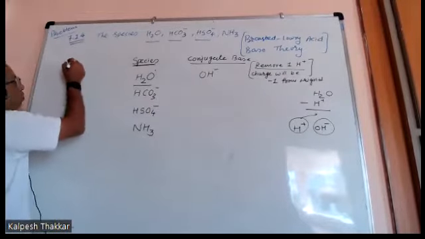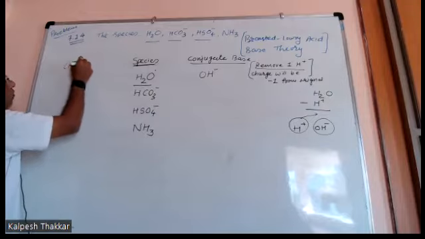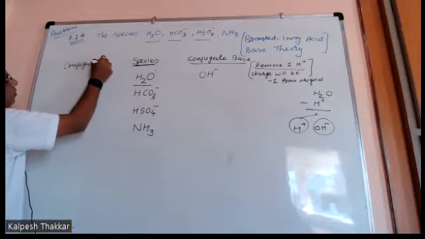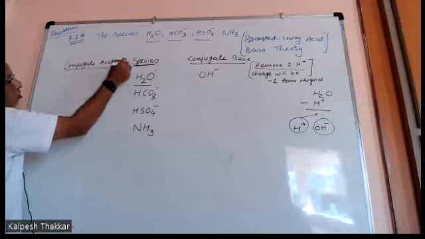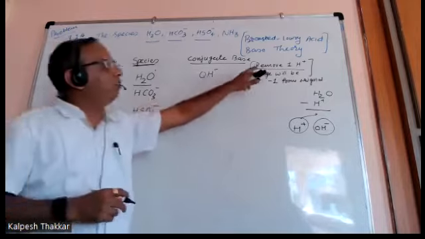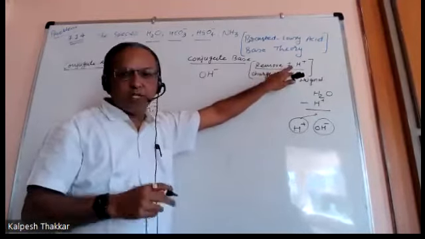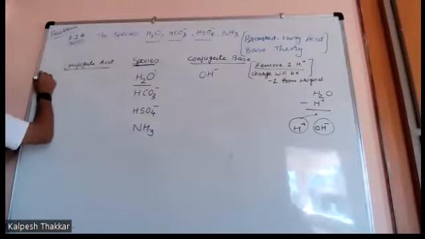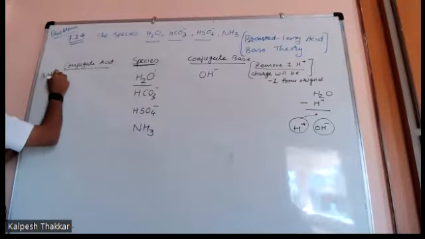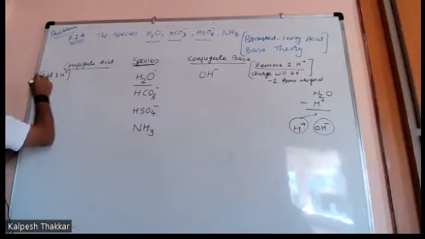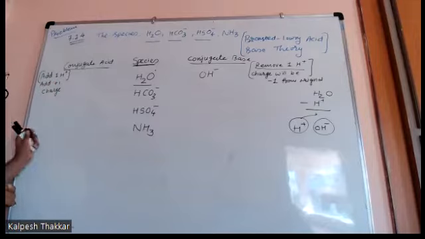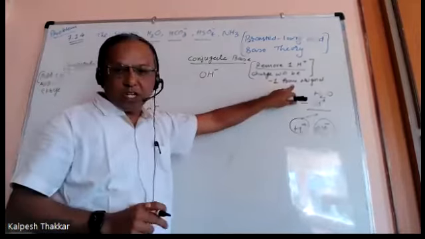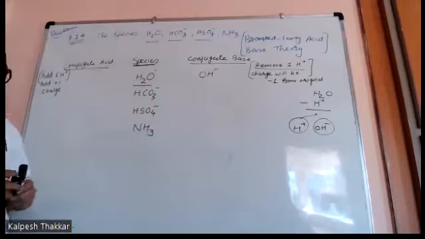Now, friends, what to do to make the conjugate acid of the same H2O? Just like here we removed one H plus, here we have to add one H plus and also add +1 charge to the original. Here we subtracted 1, here we have to add +1 charge.